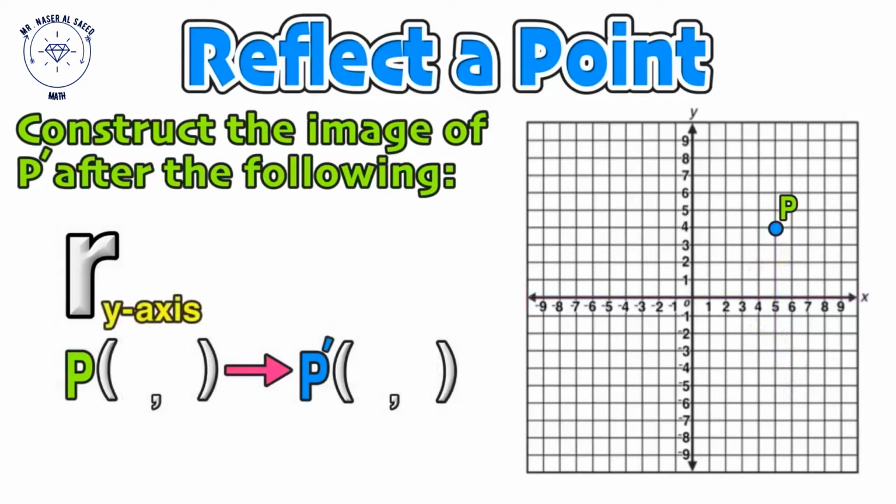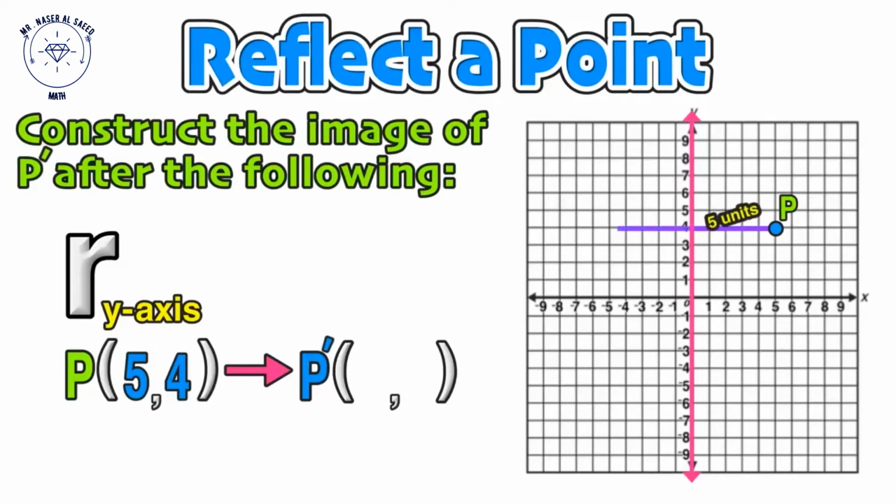Now we can take a look at taking that same point P and this time reflecting it over the y-axis. Our approach here is still the same. We are going to count how far the point is from the line of symmetry, in this case 5 units.